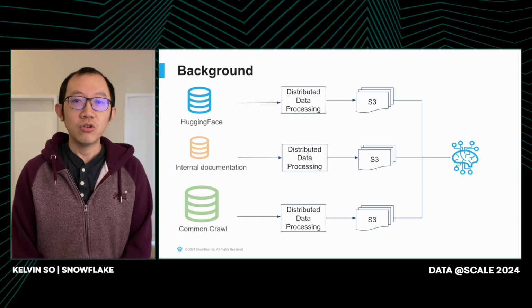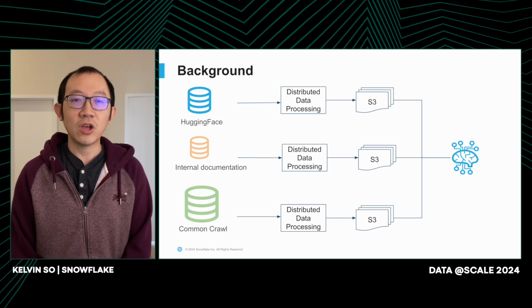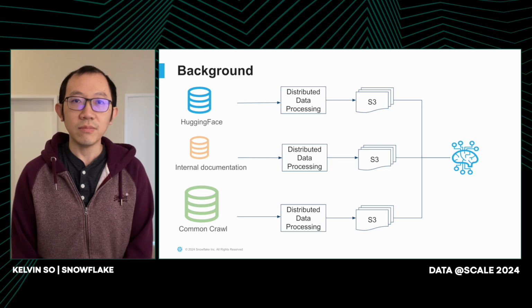Alternatively, you can also work with a web crawl like Common Crawl yourself and use a distributed processing framework such as Dask or Spark to do a custom processing pipeline. Usually, once the data processing is done, you write this data into S3 in AWS or other file-like object storage in the cloud. The post-processed data is then used in training large language models.